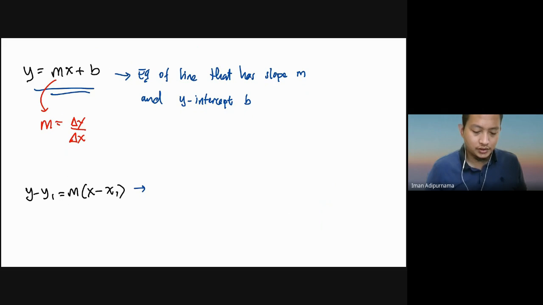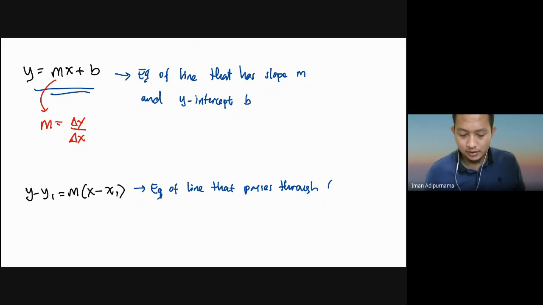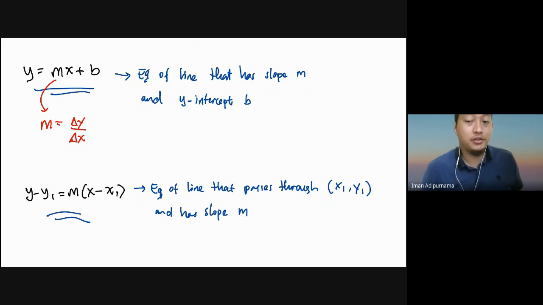The second equation is for the equation of a line that passes through a point. The point is x1, y1, and it has the same slope. I think this will be used for the whole semester and for the next semester also.